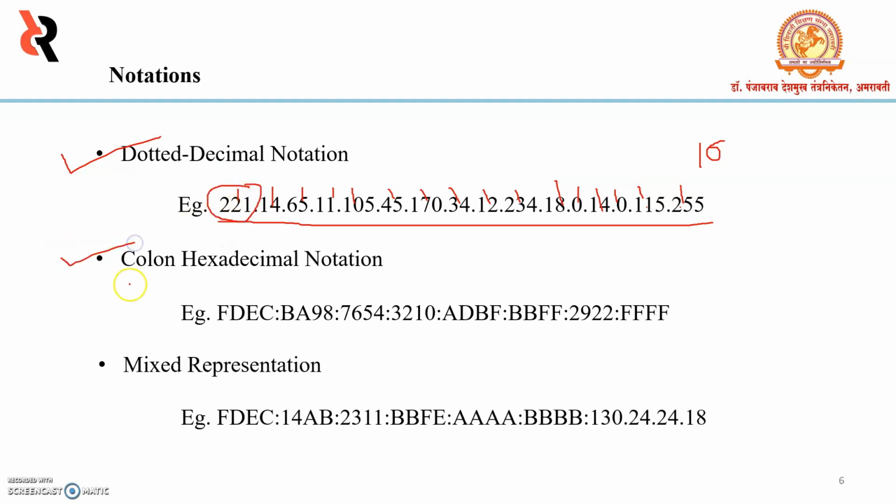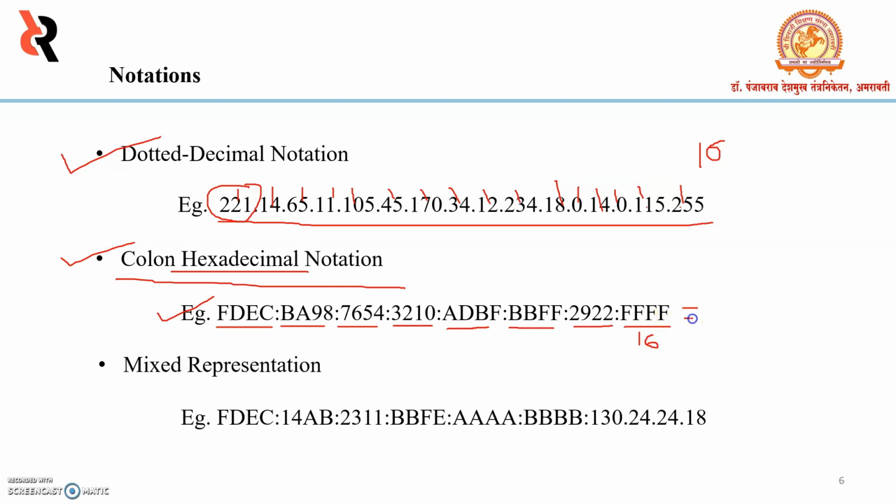Another notation is colon hexadecimal notation. Throughout the chapter and the syllabus we will use this hexadecimal notation only, which has hex states. All these are hex states, but how many? 8, because we saw earlier that all these have 16 bits.